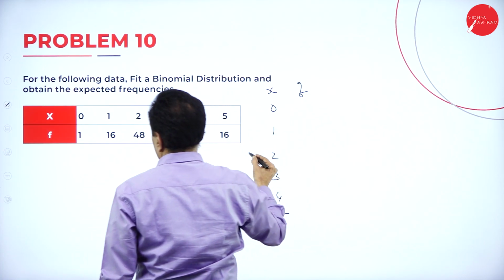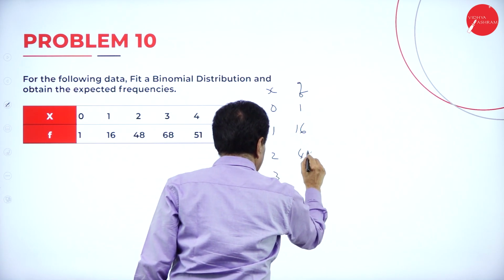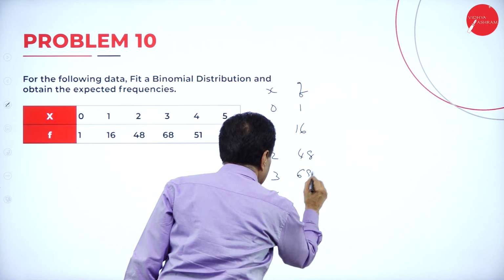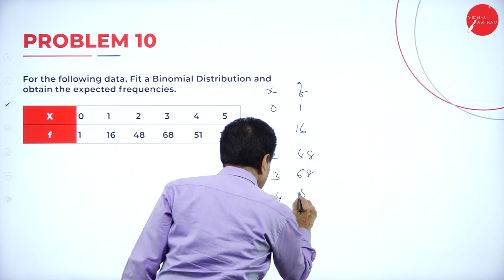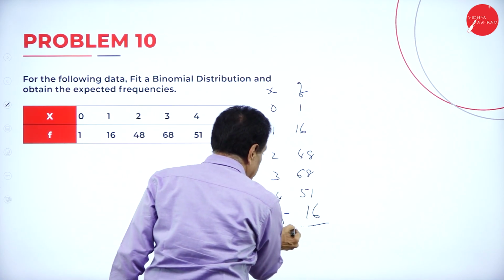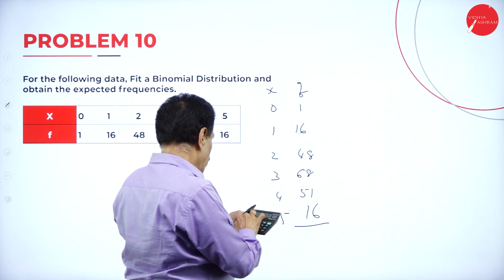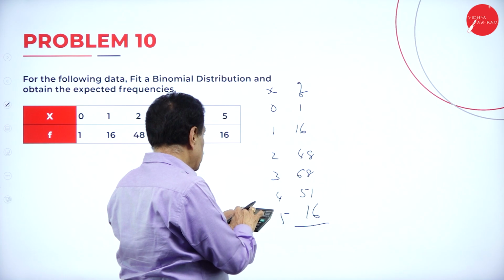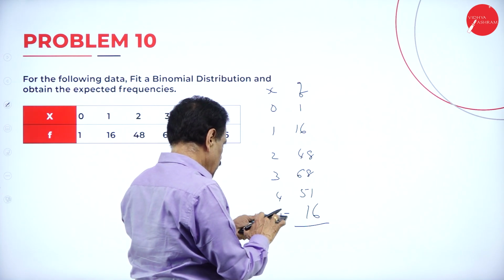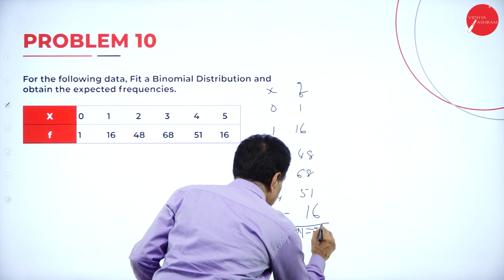Frequency: 1, 16, 48, 68, 51, 16. First, add the frequency. 1 plus 16 plus 48 plus 68 plus 51 plus 16 is 200. So n is equal to 200.